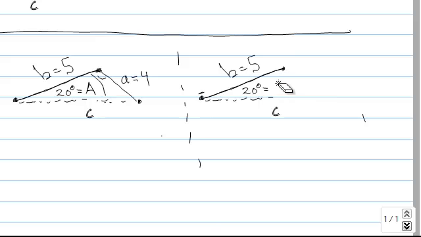Actually, it would probably fit a little further inside. I'm going to have to clear this angle out of the way, since it's in the way. The 4 would fit inside like this.